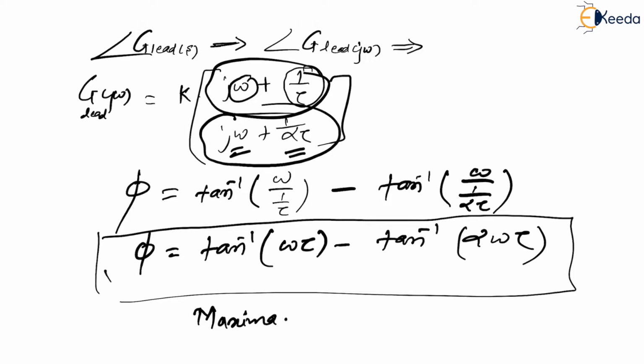If you remember, we take the first derivative: differentiating phi with respect to omega, equating it to 0, and from this you will get the value of omega at which the maximum phase occurs.